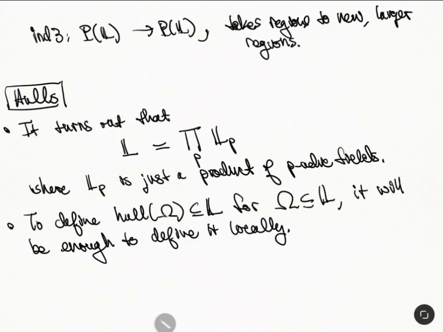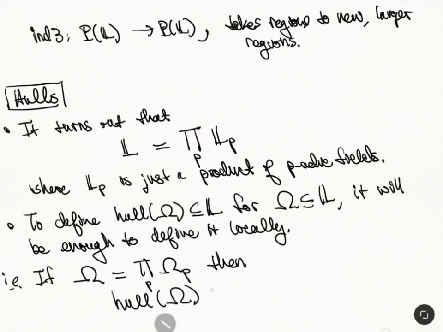We'll actually just be working strictly with things that are products in here, and what we'll do is, if omega is a product of omega p, then the hull of omega is defined to be equal to the product over p of the hull of omega p.